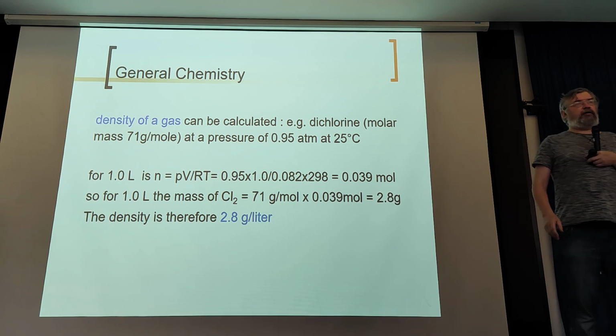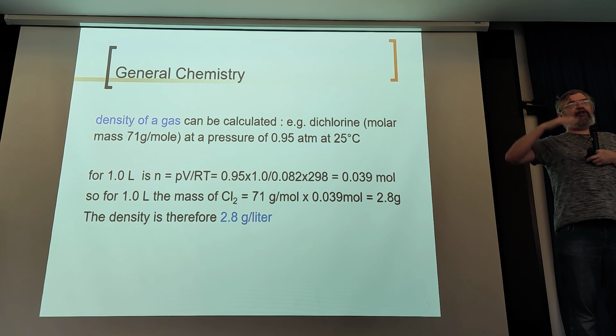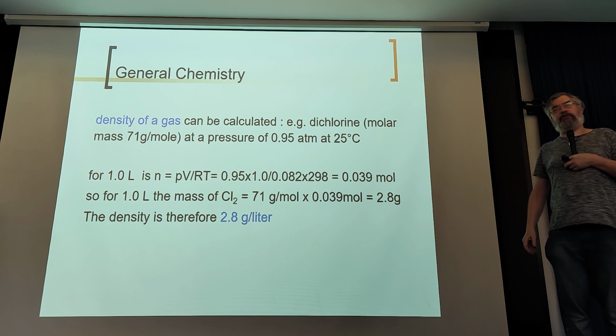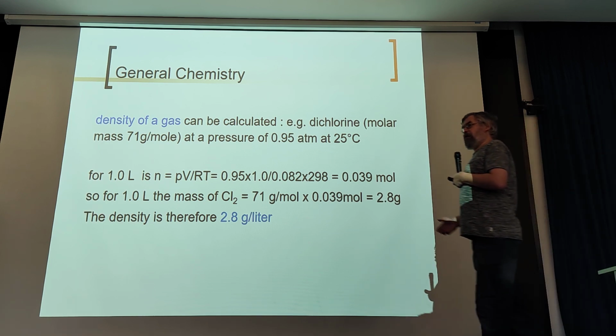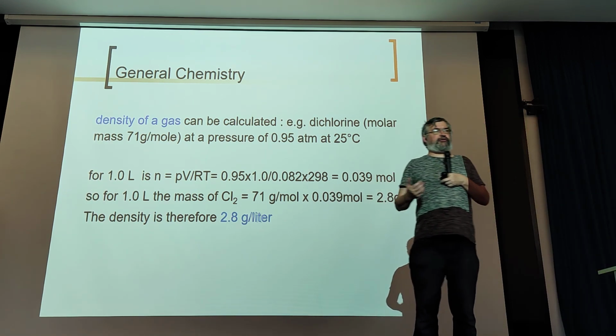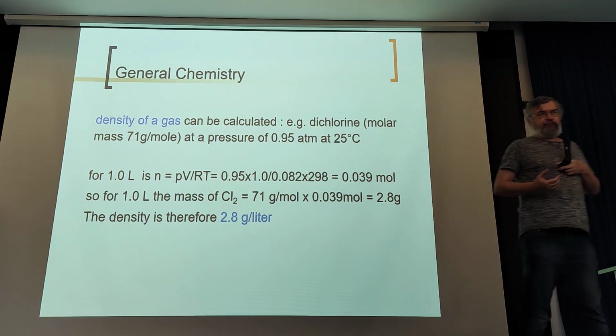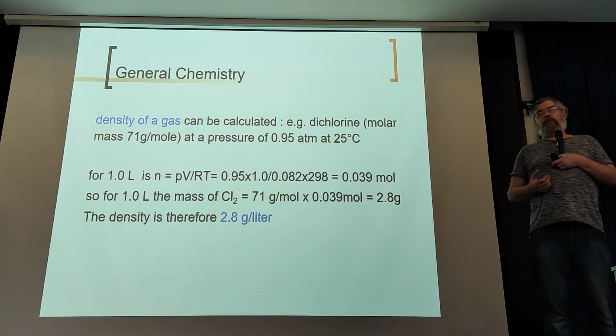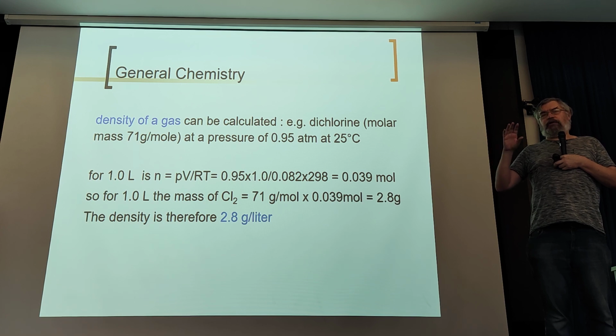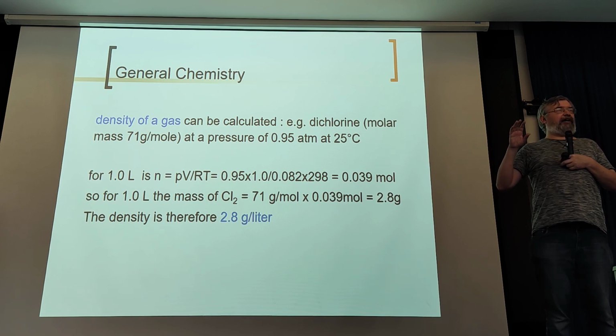This is why if you make a balloon for traveling, like a Zeppelin or one of these balloons that are used, in the earlier days they used dihydrogen. And there was, in the 1930s of last century, a very big accident where the dihydrogen was exploding in the so-called Hindenburg incident.